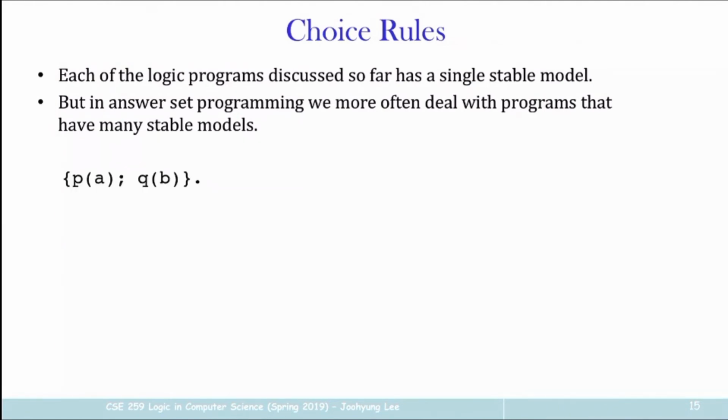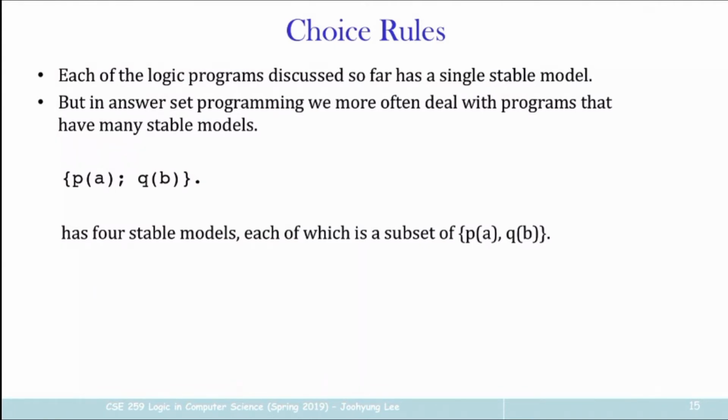Here we use the set notation to say that there are two elements in this set. When you call Clingo with this program, Clingo will try to find all subsets of this set. How many subsets are there? 4, right? The empty set, two singleton sets, and the total set. There will be 4 stable models.